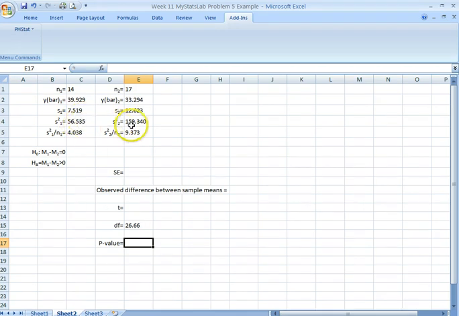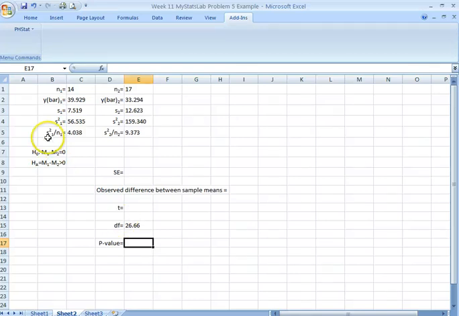So I've calculated the variance for both groups, because we're going to need that when we get down here to our standard error and also our degrees of freedom. And this one, boy, is this a formula here. Since we're talking about formulas, if you look on page 372 in your text, you will see the standard error formula. You'll also see at the bottom of the page the degrees of freedom formula that we're going to use. That may help you to have those to look at.